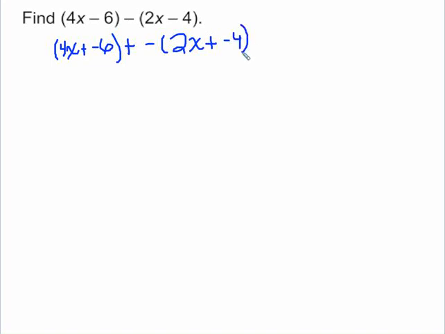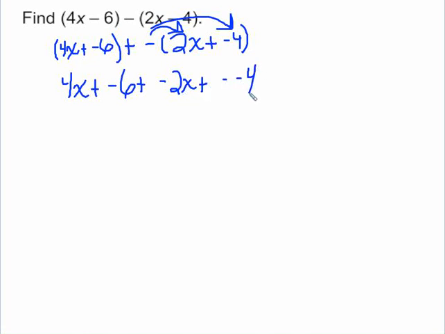This is going to help me keep a handle over everything. So that first set of parentheses I can just get rid of. So that's going to be 4x plus negative 6. Now I need to distribute that negative in. So I'm going to have plus negative 2x plus negative 4.